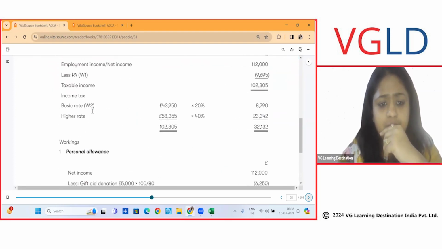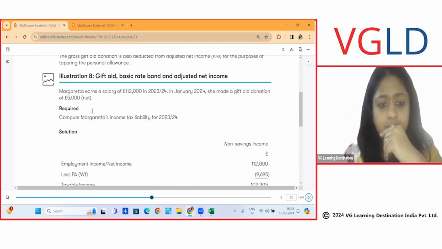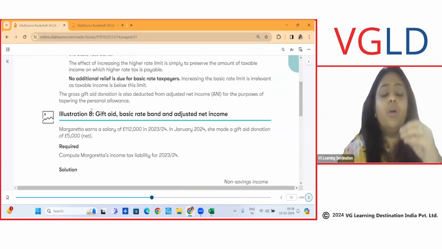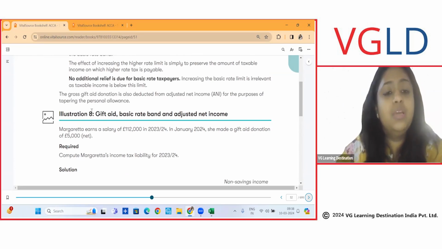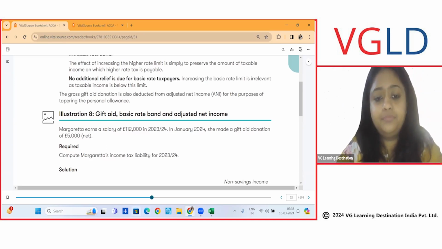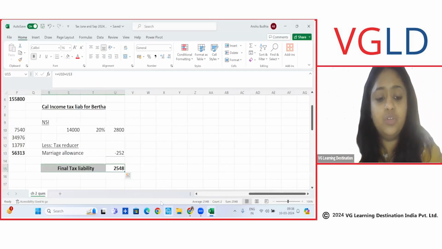We have the extended rate band here. Now I will give you an extended understanding of gifted donations and the personal pension contributions. Just keep listening to me. A small new concept is there. I'll take you to the notes.